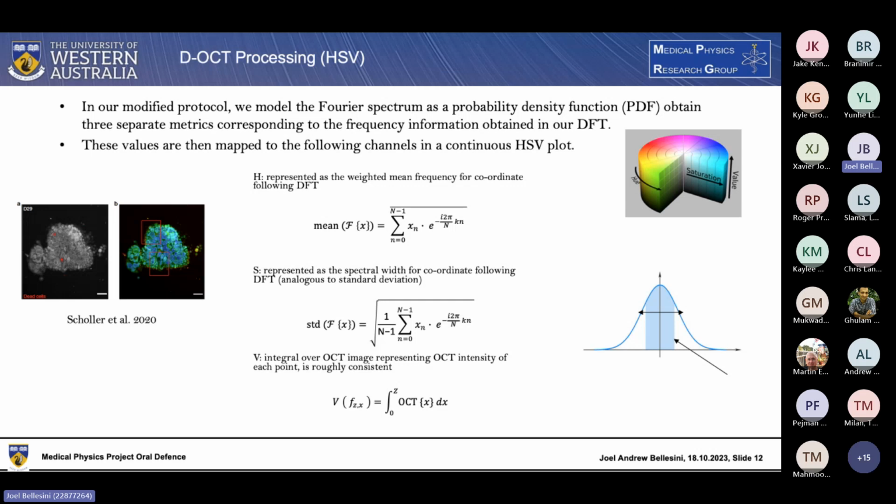The color will be the frequency, saturation will be the spectral width, which is almost like a standard deviation around that frequency, and the value will sort of be like an SNR map, in which case we'll only be showing the points which correspond to a high frequency, and that is what's shown here in this plot. It's like a continuous dynamic image now, instead of the discrete case for the Long paper.